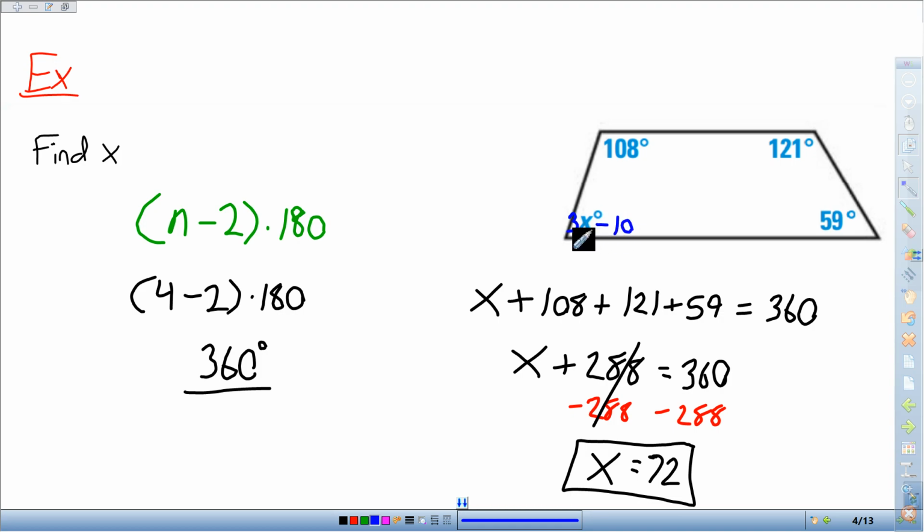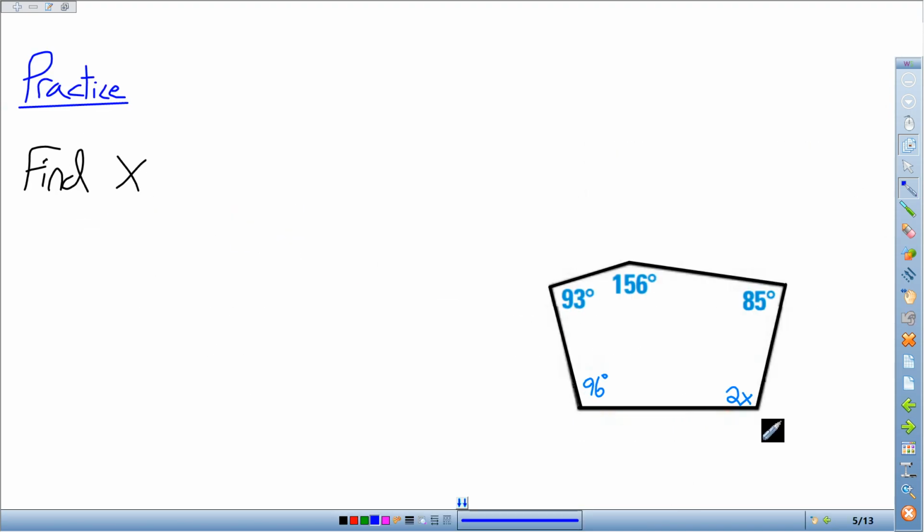If you get a weird value for one or more angles, writing it out as an equation is a lot easier than trying to type it all into a calculator. So just be careful with that. With that in mind, copy this new shape and see if you can do the same process: figure out what these add up to, write out the equation, and solve it. Give it a try.